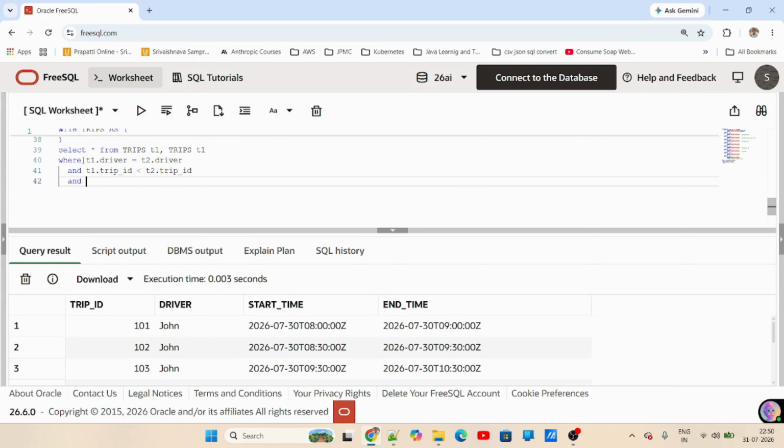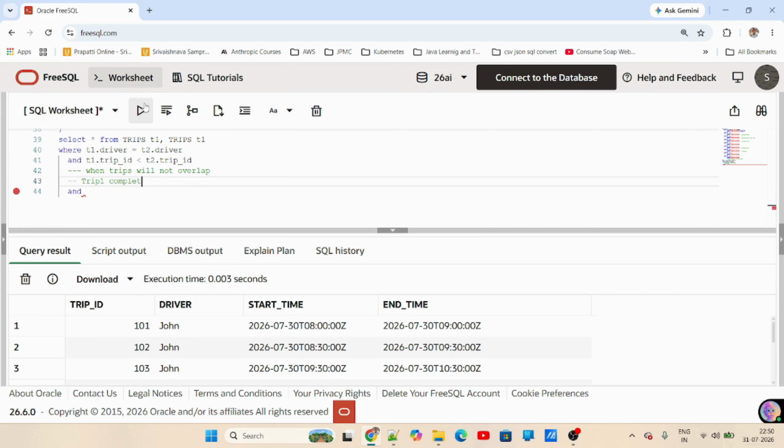Now, what is the overlapping condition? We need to understand it. Let's first understand when the trips will not overlap, then we'll understand the negative way. Say trip 1 completes before trip 2 starts. So T1.end_time should be less than T2.start_time.